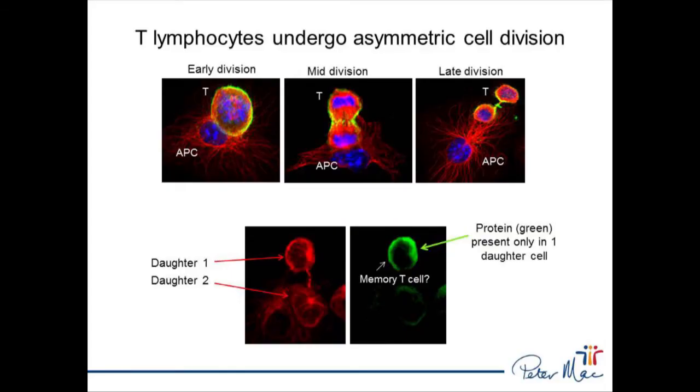So, for example, this protein here, which is marked with green fluorescence, is present only in this daughter cell, but not this daughter cell. And furthermore, if we isolate these two different daughter cell populations and we test them in a bacterial infection in mice, we find that only these daughter cells can protect against a second challenge, which implies that they act as memory T cells.